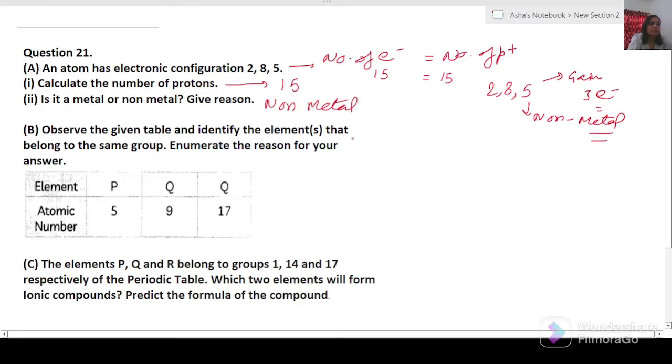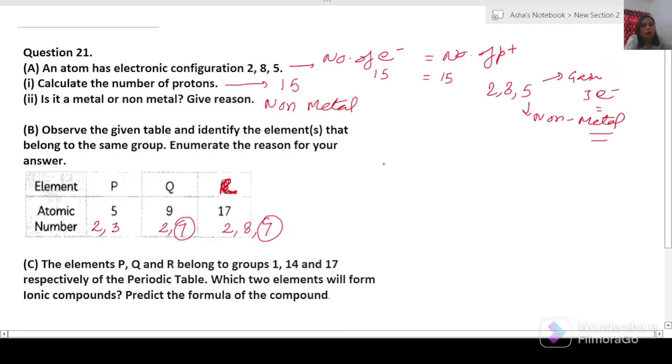Then observe the given table and identify the elements that belong to the same group. You will also have to give a reason for your answer. So the elements are P, Q, and R, right? So it is 5, 9 and 17. So its electronic configuration will be 2, 3. This one 2, 7. This one 2, 8, 7. Now they have the same valence electrons. See, 7 and 7.